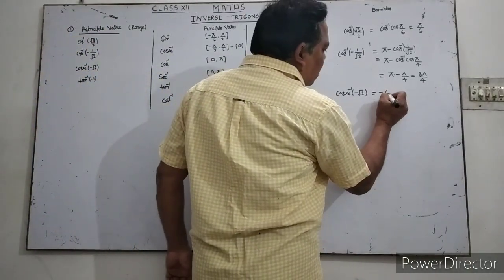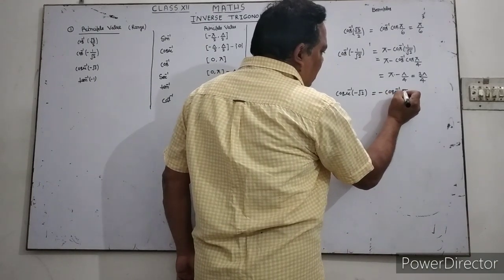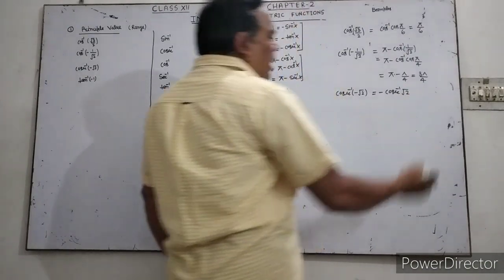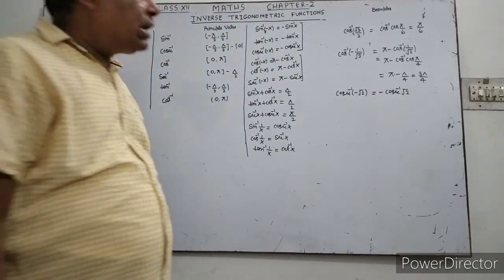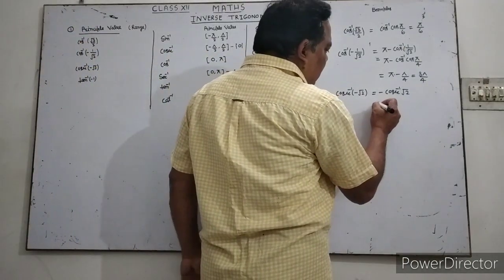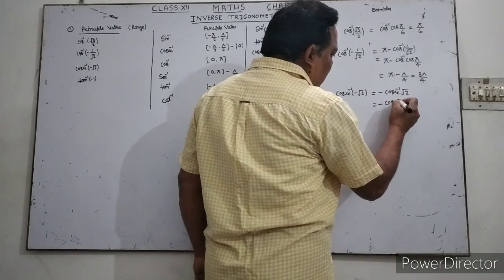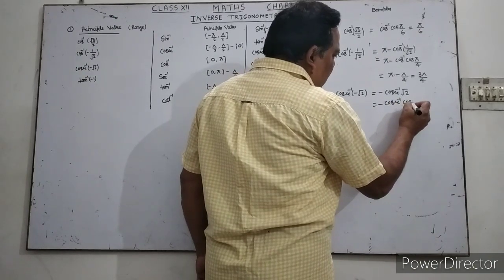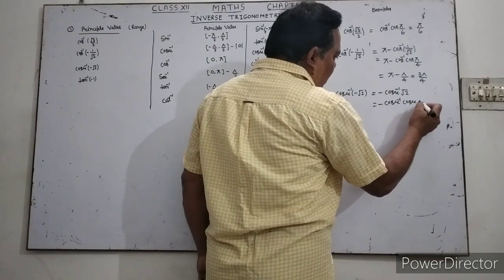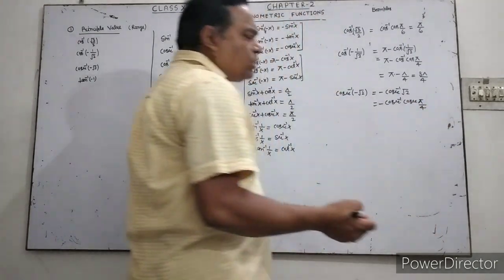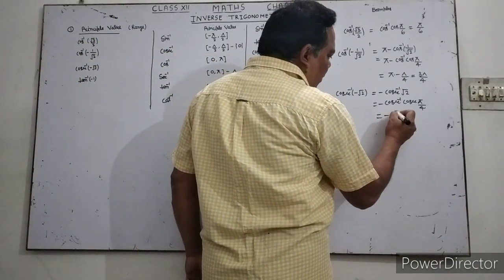So minus cosec inverse root 2. The value of root 2 is cosec pi by 4. Then this is minus cosec inverse cosec pi by 4. Cosec is removed, then this is minus pi by 4.